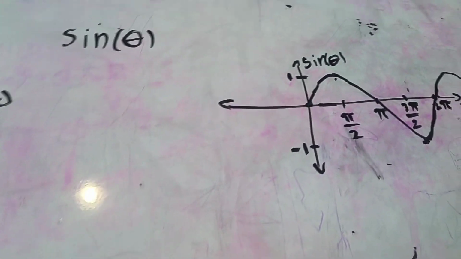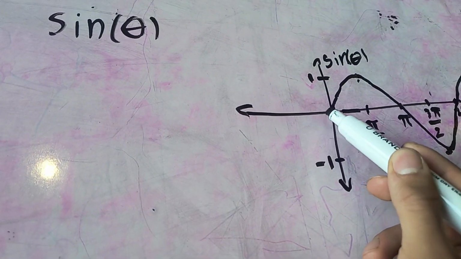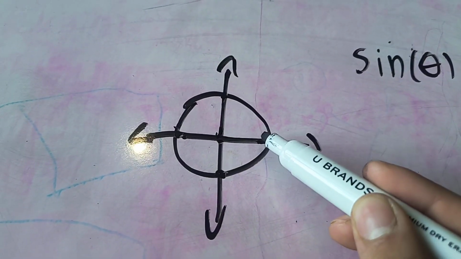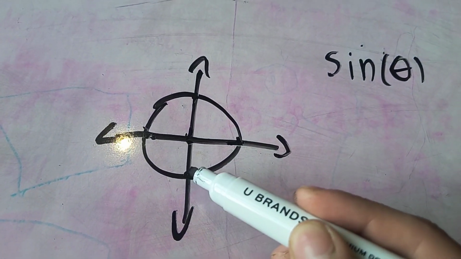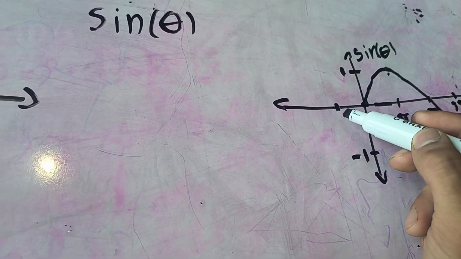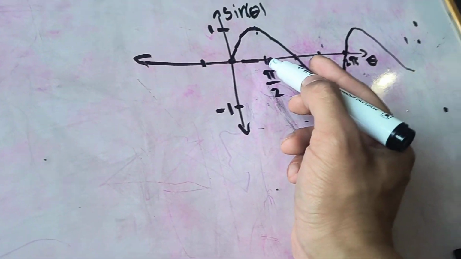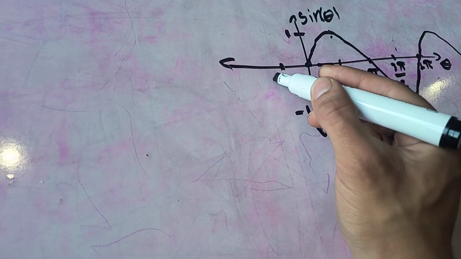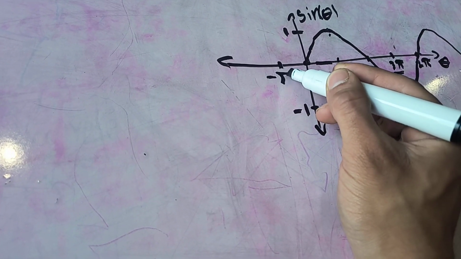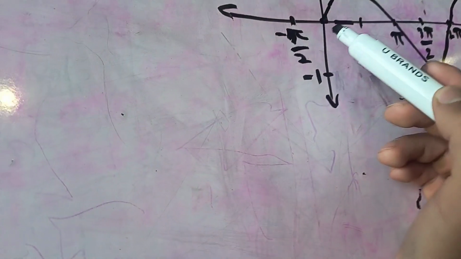And if I were to go backwards, to the negative radians, going in this direction by negative pi over 2, let's say this was negative pi over 2, that's terrible, then you'd get the same thing right here.